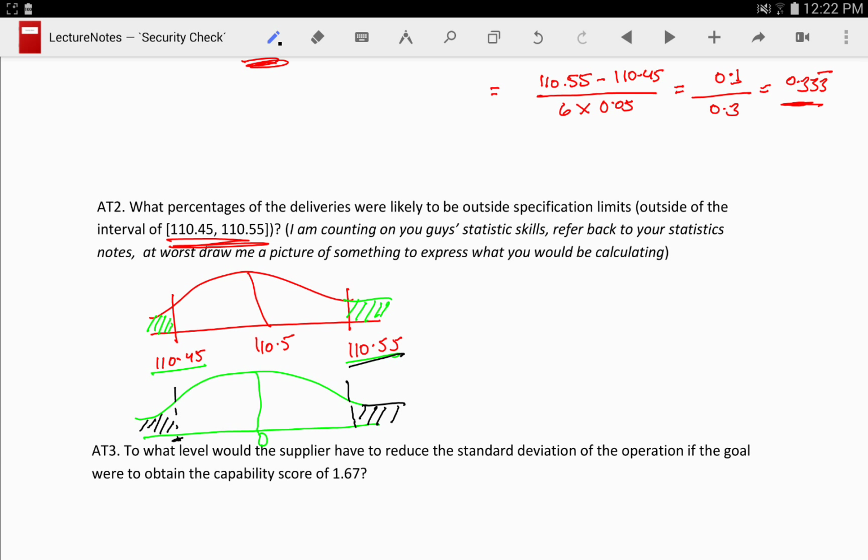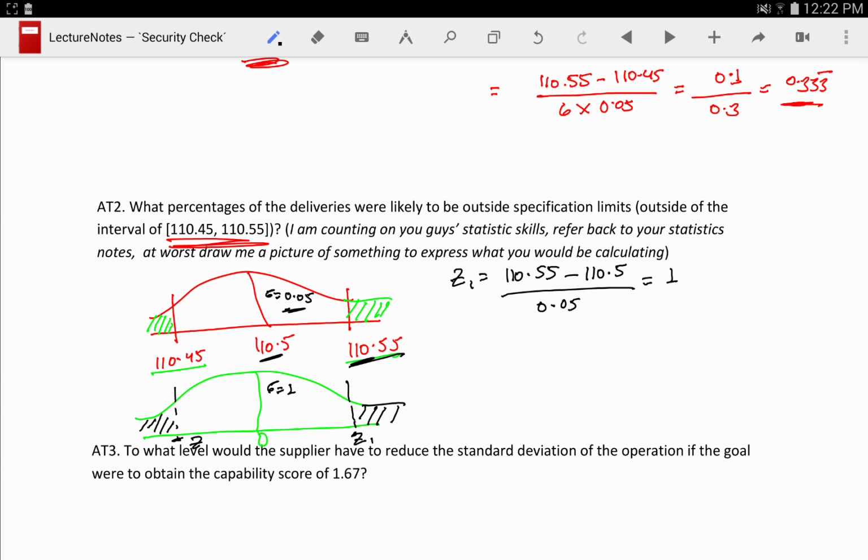So this is basically the method of Z. Here the sigma is 0.05, there the sigma is 1. So the technique is to find the equivalent of this. Let's call this Z1. Z1 is 110.55 minus the mean where it came from, 110.5, divided by the standard deviation of where it came from, 0.05, which comes out to be 1.